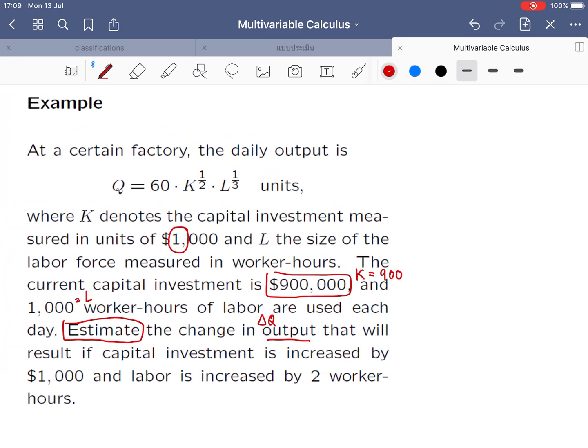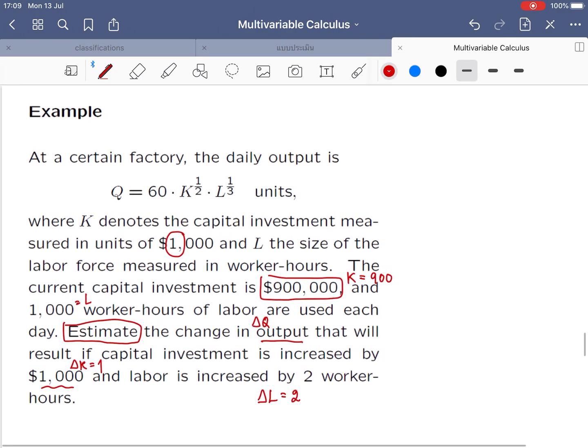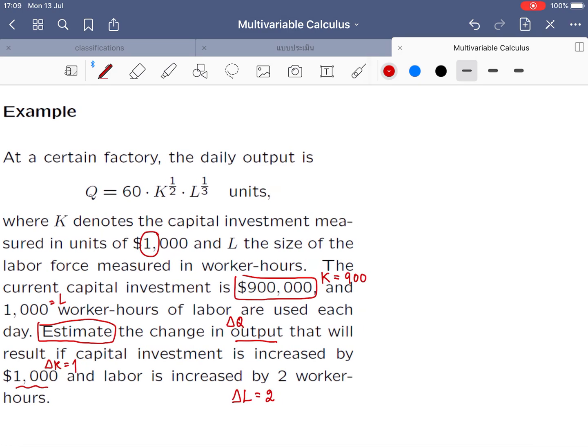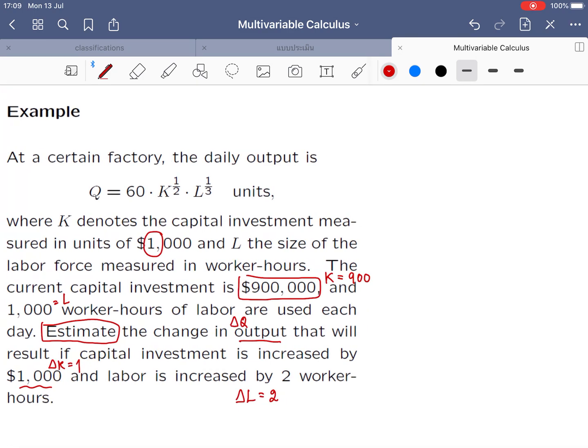This means that ΔK is actually 1, because $1,000 means 1 unit in terms of K, and ΔL is 2 worker hours. So this simply approximates how the increment in capital and the increment in labor hours together will affect the daily output.